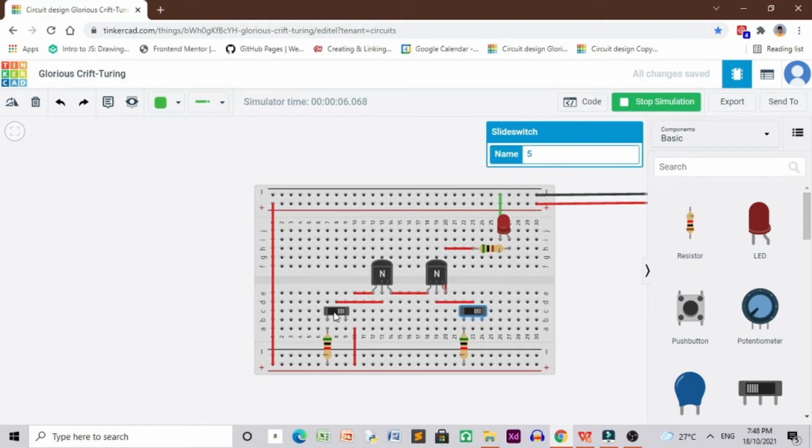But if our input A is on and B is off, still ang atong output is off. However, if both A and B are on, as we can see, our LED is on. So kinahanglan nga ang duha ka transistor, we need two of them sa atong input nga ma-on para ang LED mahimong on.